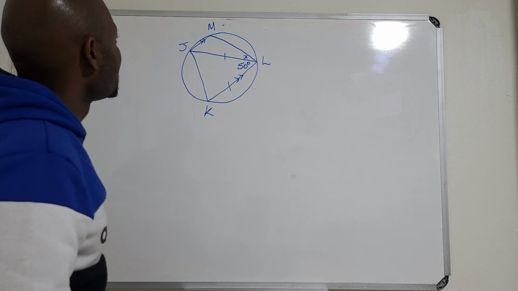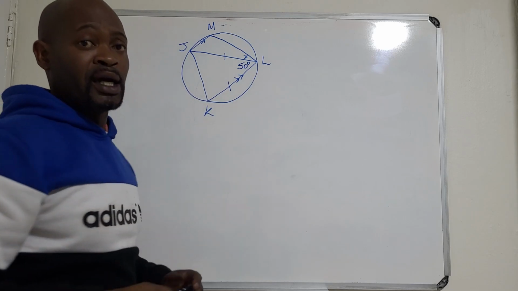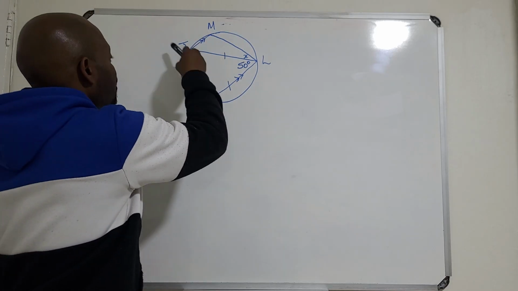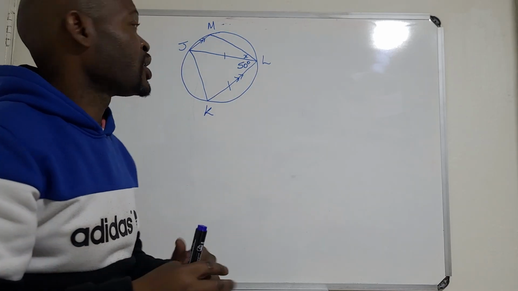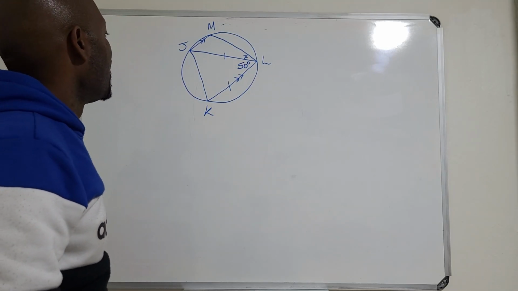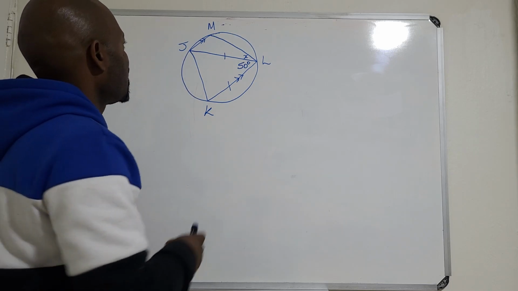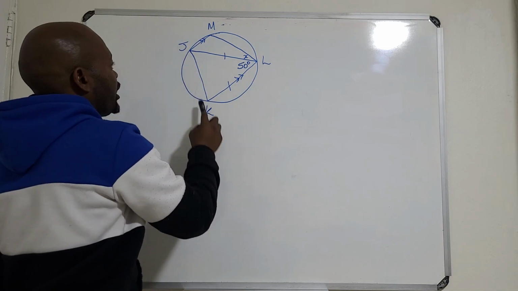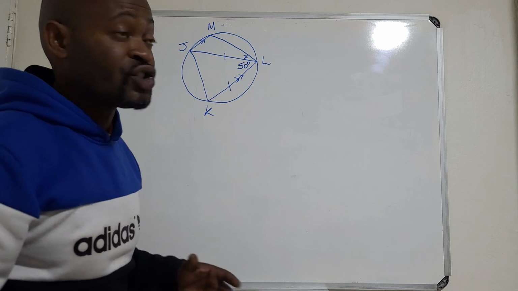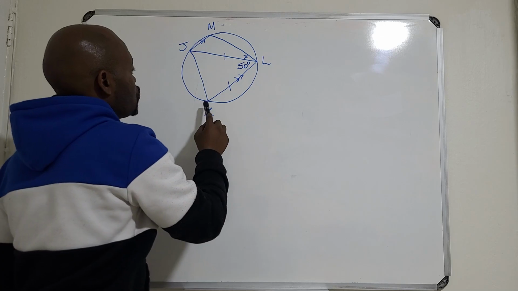Now let's look at the example on theorem number 5. Here we are given that JMKL is a cyclic quadrilateral. We are also told that triangle JKL is an isosceles triangle, and if it's isosceles, obviously JL is equal to KL.